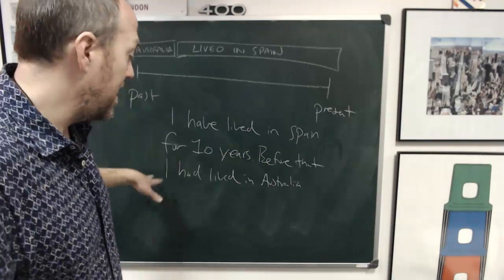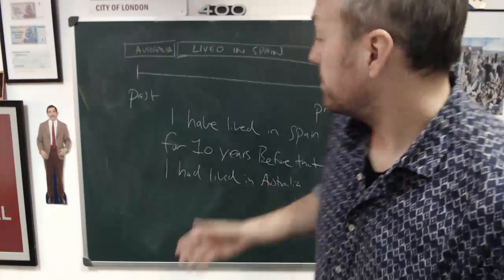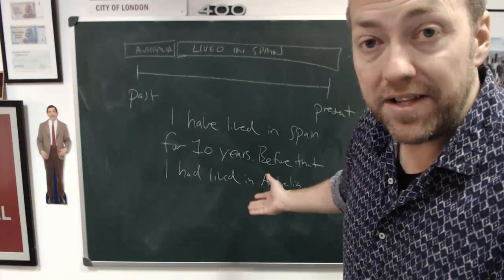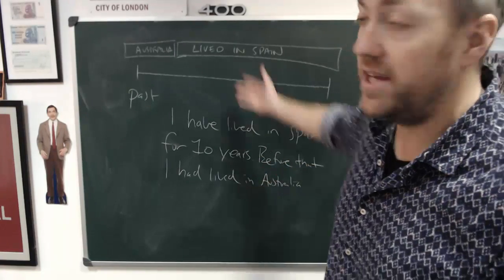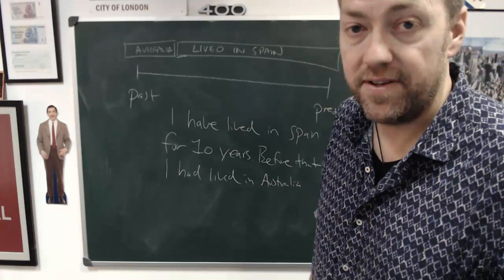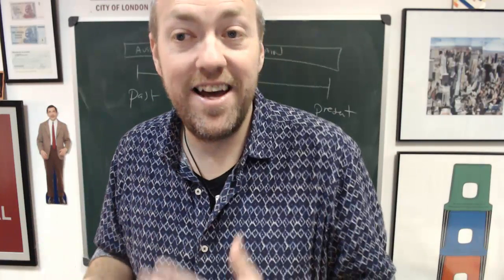Before that, I had lived in Australia. So you can see that because I'm relating the two events, I'm using past perfect. I hope that that explains the difference between present perfect and past perfect. Please tell me if not, and I will explain more.